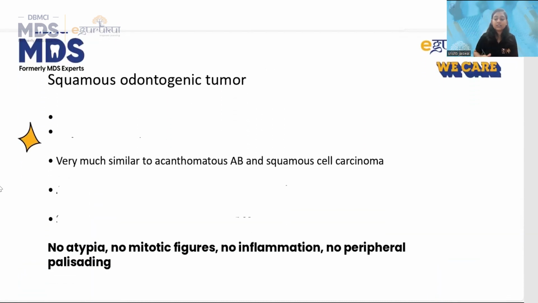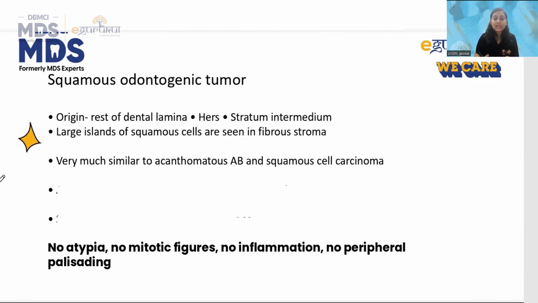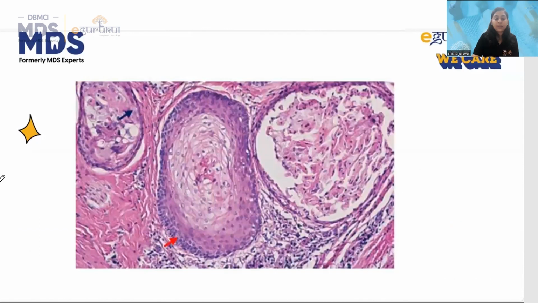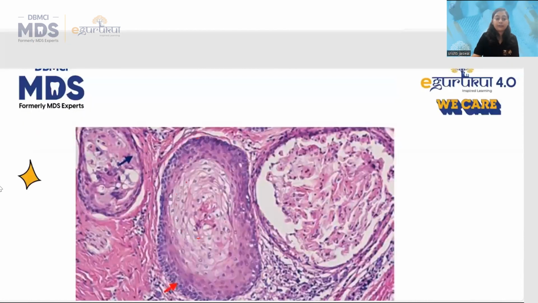Now, coming to the squamous odontogenic tumor. Now, what is the origin of this squamous odontogenic tumor? So, its origin is from rests of dental lamina, HERS, stratum intermedium. Now, large islands of squamous cells are present in the fibrous stroma. See, large islands of these squamous cells are present in the fibrous stroma.